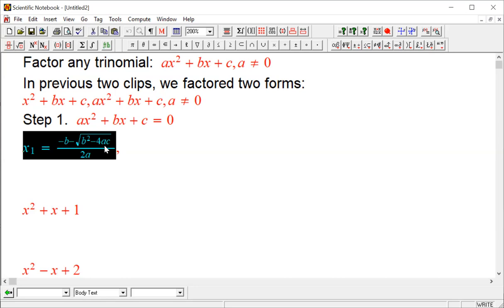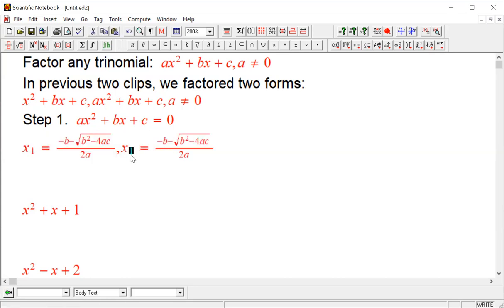The second solution, x sub 2, is plus, everything the same. So we get two roots to the quadratic equation. We know that a quadratic equation always has two roots. So first we solve for the solutions to the quadratic function, and we get x1, x2.